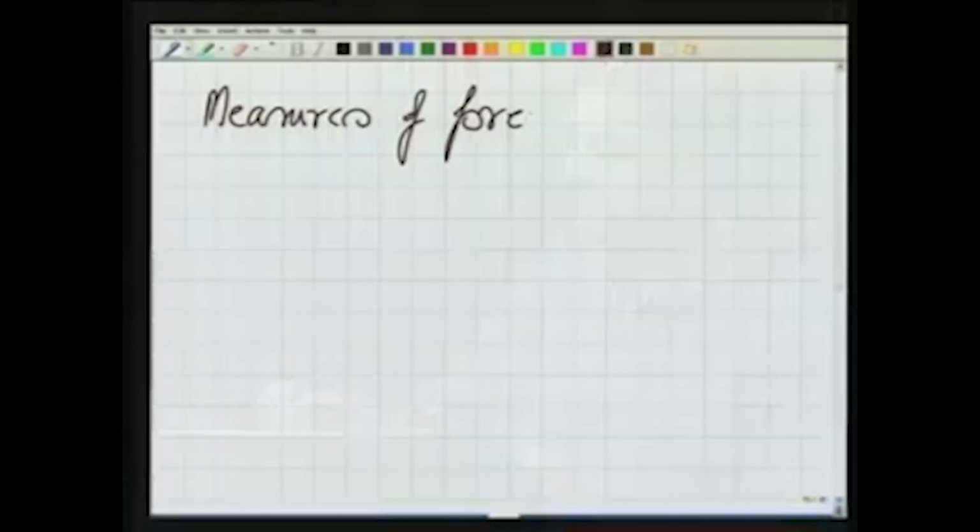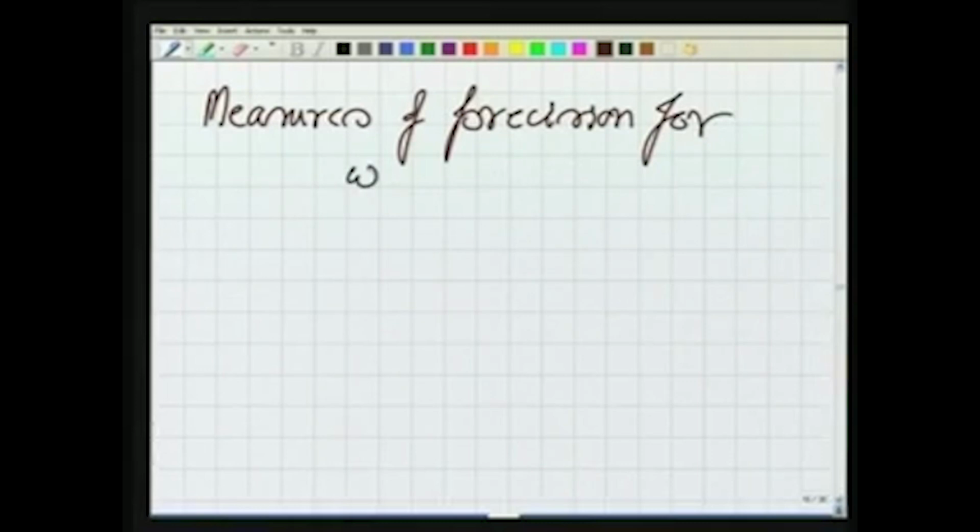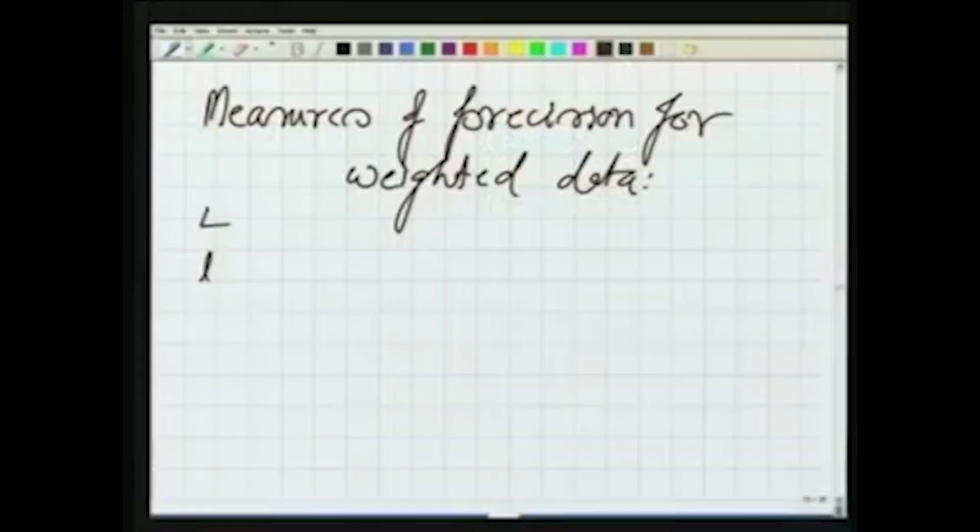Now we will look for measures of precision for weighted data or observations. In case of weighted data, you have a length L measured as L1, L2, L3, Ln.